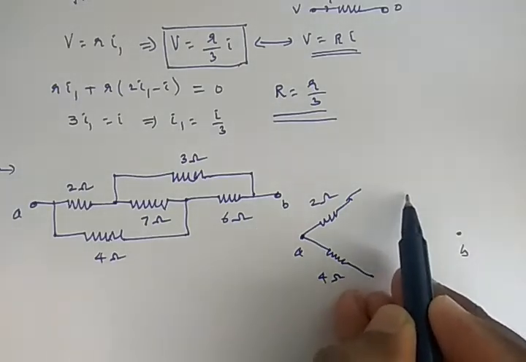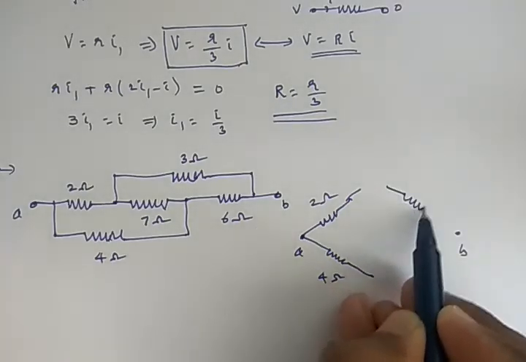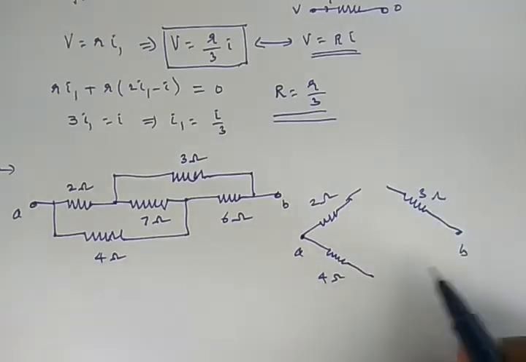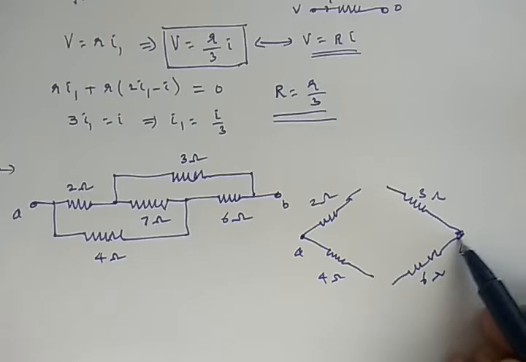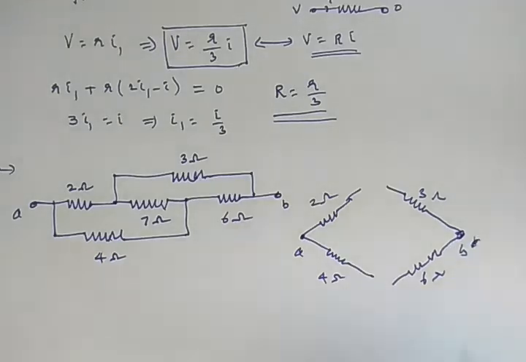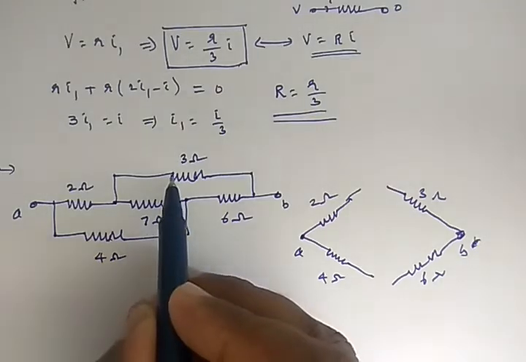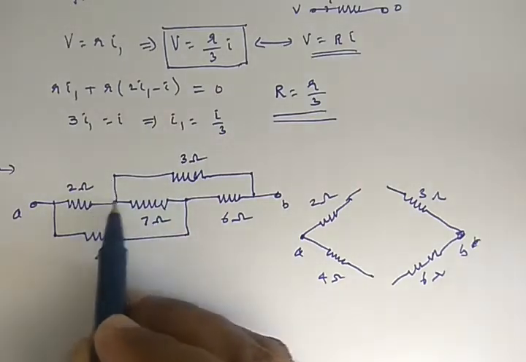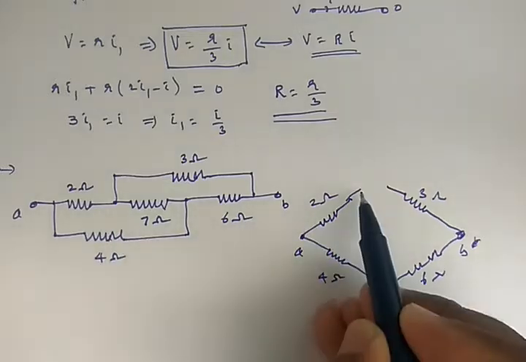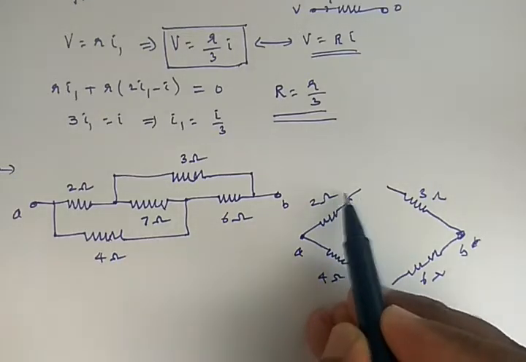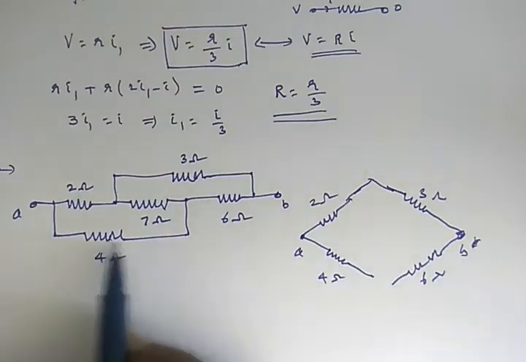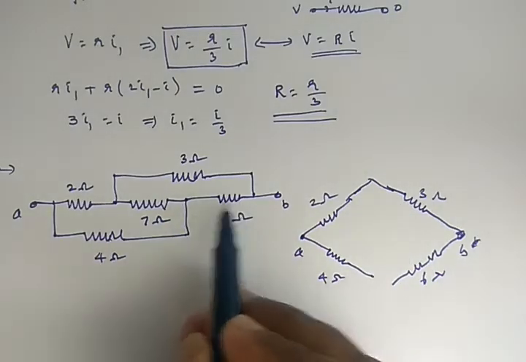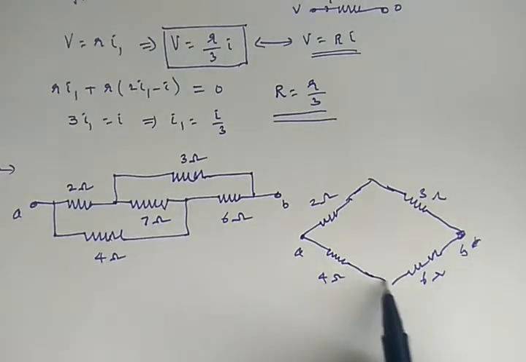Say this is 3 ohm, say this is 6 ohm, this is point B. Now see, the first end of the third one and the second end of the second one are both connected. This is the second end of the 2 ohm resistor, and that is the first end of 3 ohm. Let us connect. Similarly, the second end of the 4 ohm resistor and the first end of the 6 ohm resistor are connected like this.